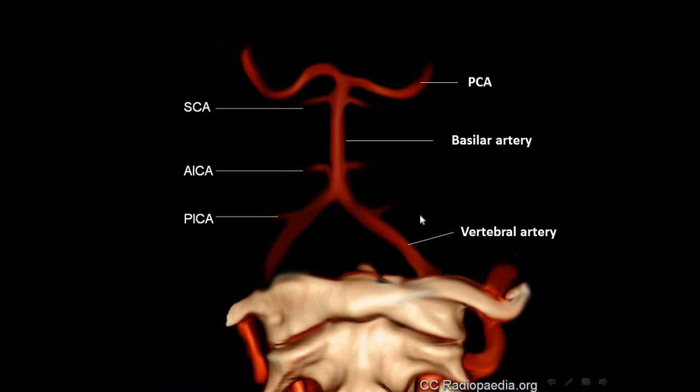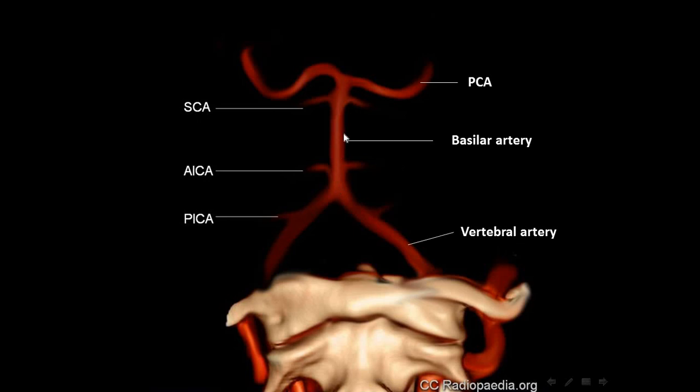This image here is to show the 3 major blood supplies to the cerebellum. Starting from the PICA, which is the branch given by the distal part of the vertebral artery, before the merge of the two vertebral arteries to form the basilar artery.